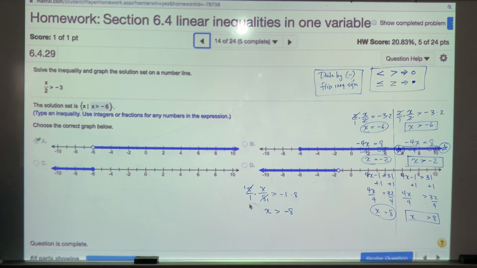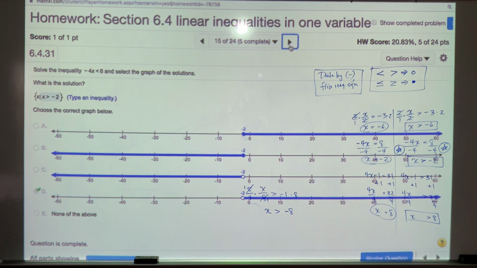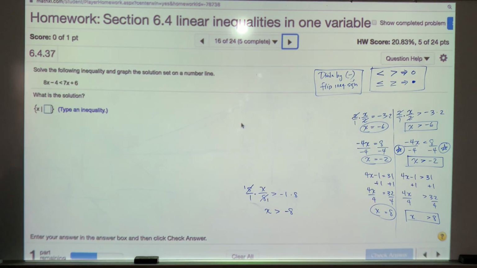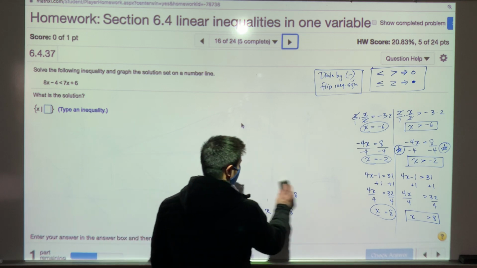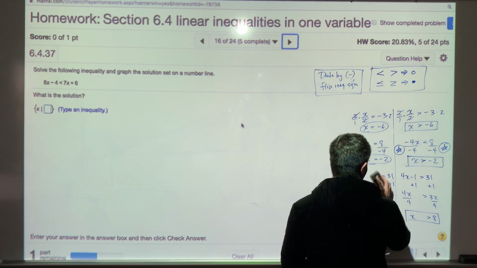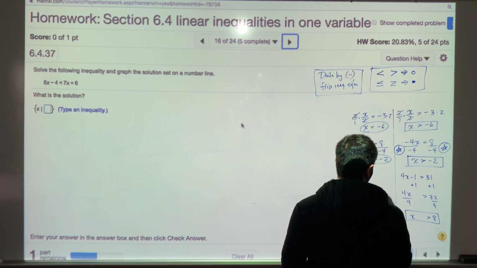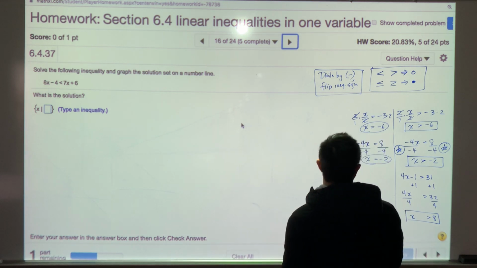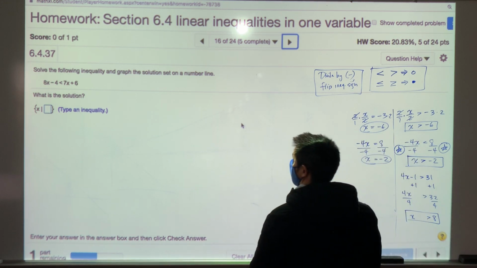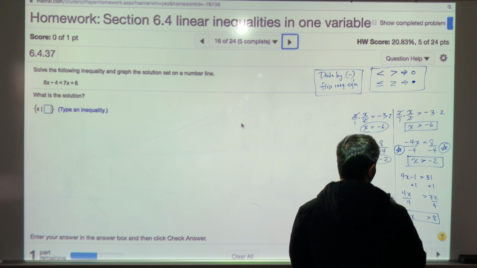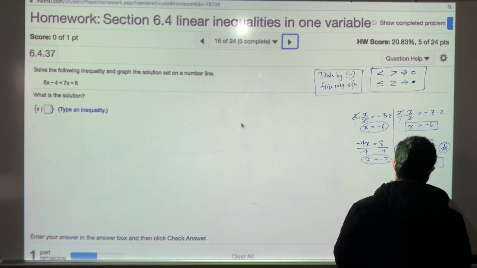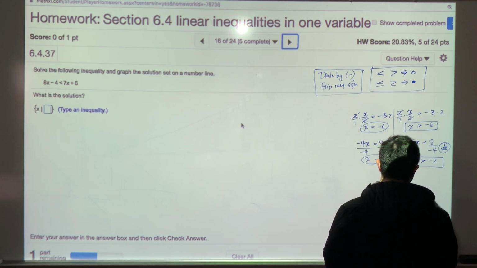All right. Number 15, I mean 16. There we go. All right, so let's go to our next one. I'm not going to do the equal sign equivalent on this anymore.